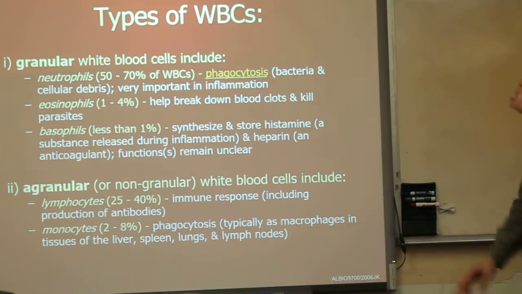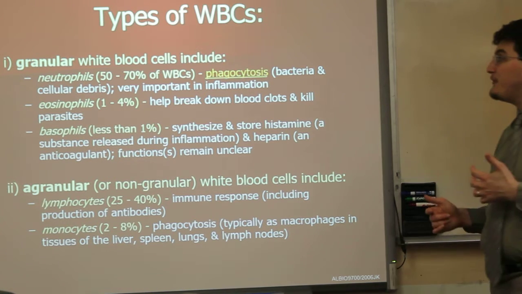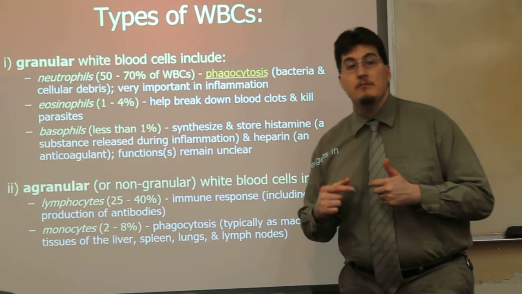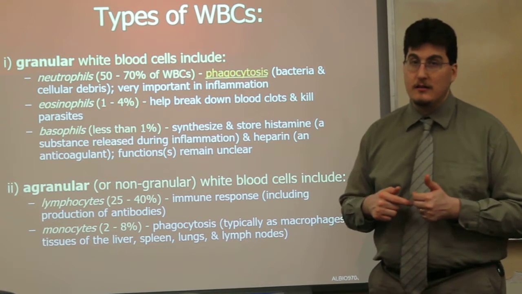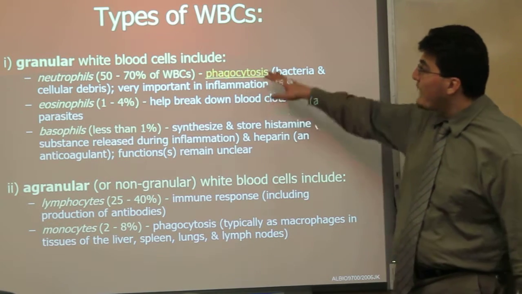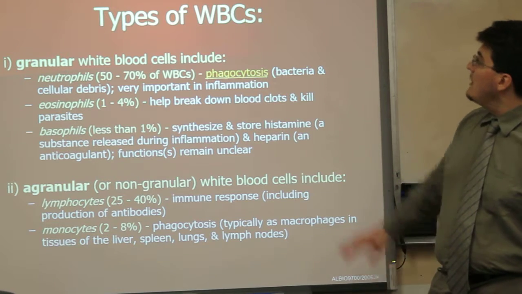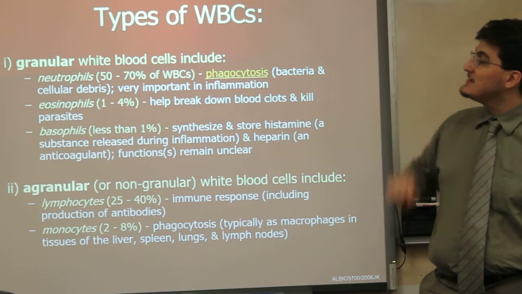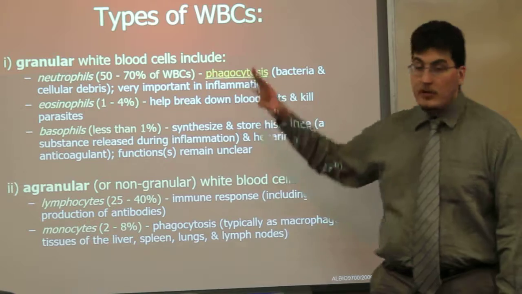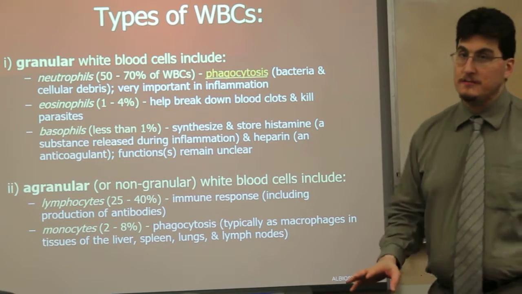Now, 50 to 70% of all of your white blood cells are neutrophils. Their main method of killing invading pathogens is by phagocytosis. Mainly they deal with bacteria and cellular debris. They are very important in the process of inflammation.